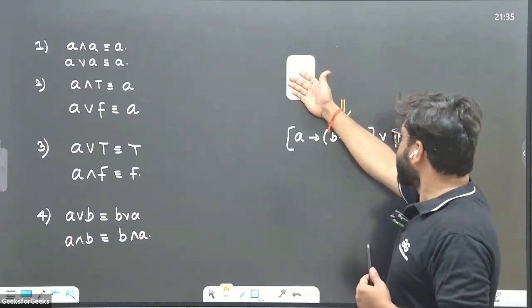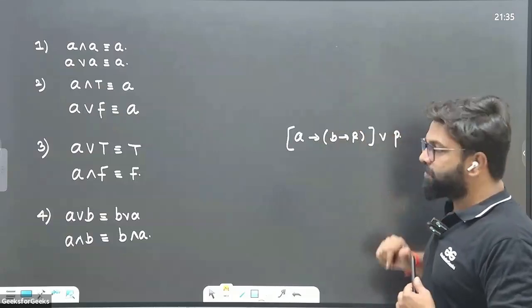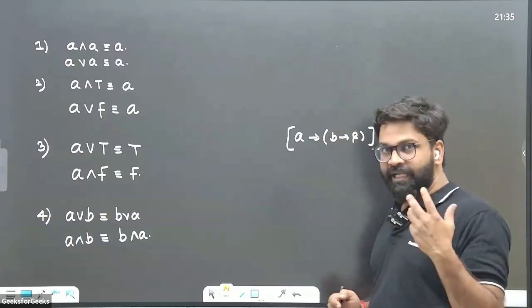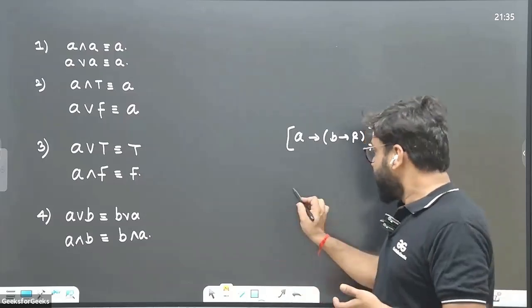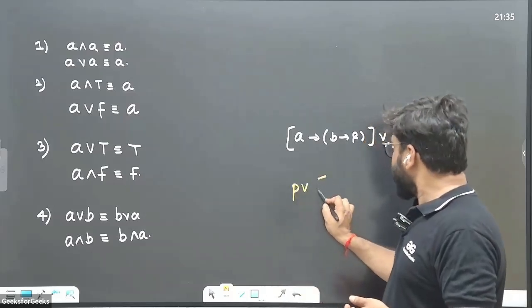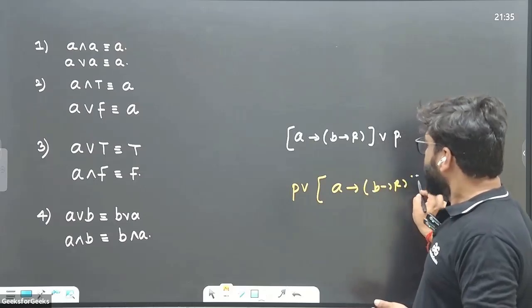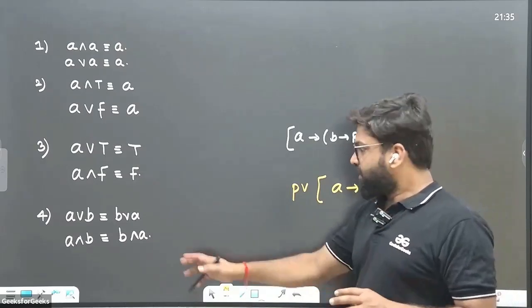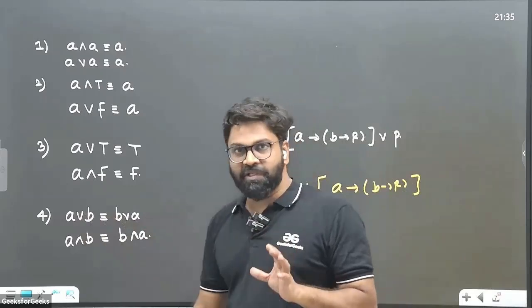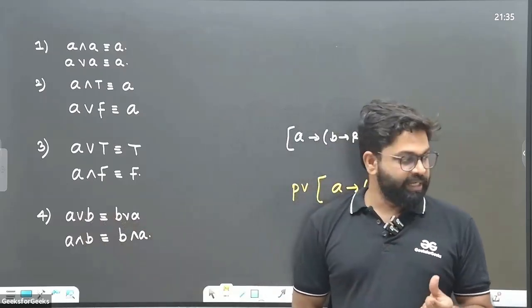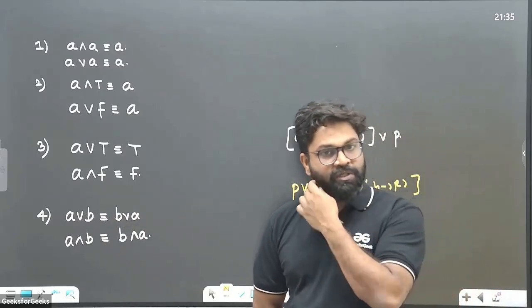But my main point is, whenever you have this expression, sometimes it's not that easy to get it, such that we can also write P or, and then A and then B implies R. So do not think that this is just A or this is just B. This A you can consider as a compound propositional statement.